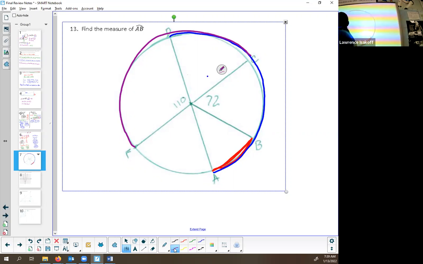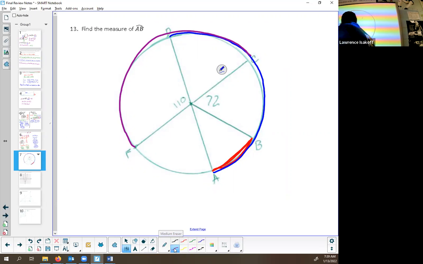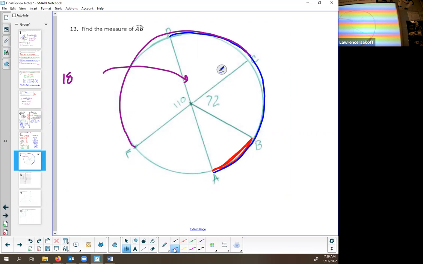So based off of that, I could say, wait, this right here is 180 minus 110, right? Let's do that, 180. Let me write that. So right here, I'm doing 180 minus 110, and that's equal to 70.